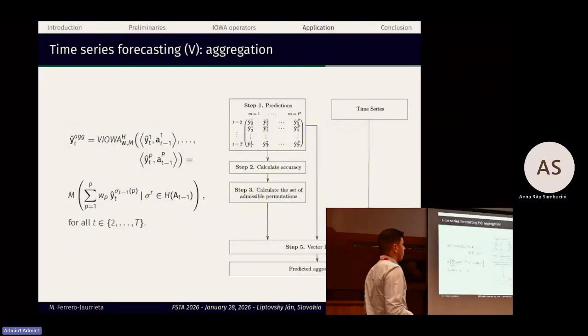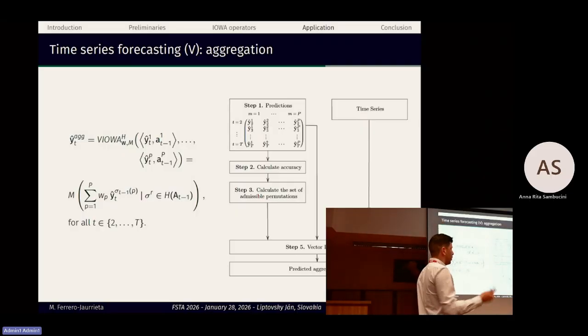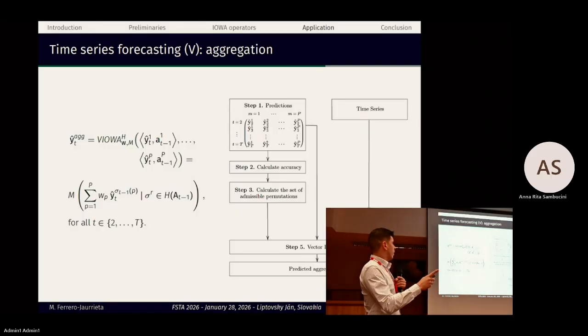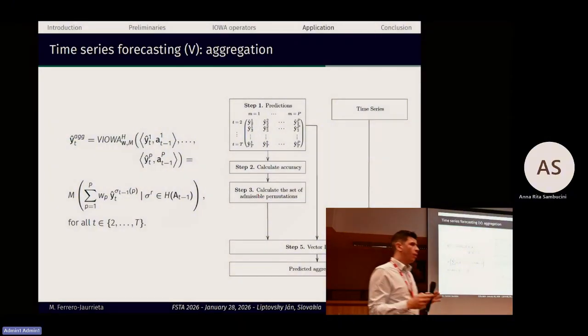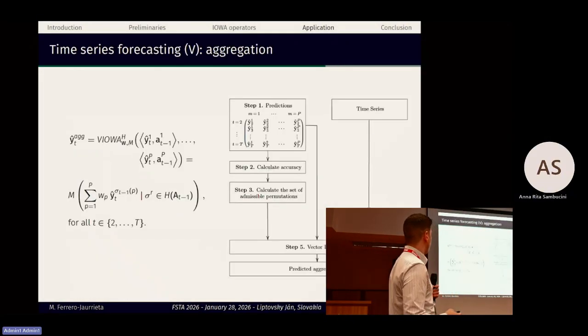Okay, so once we have the set of admissible permutations, the weighting vector, and the predictions, we can obtain the predicted aggregated value by means of the vector-induced OWA operator. This is more or less the methodology that we have used in the process.